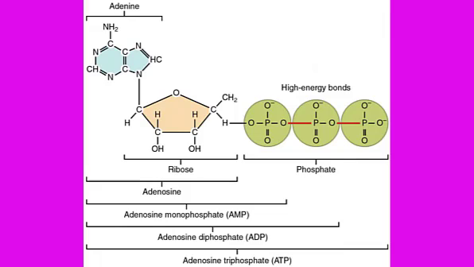So when a phosphate group is cleaved from ATP, the products are adenosine diphosphate or ADP and inorganic phosphate. Removal of a second phosphate leaves adenosine monophosphate or AMP and two phosphate groups.